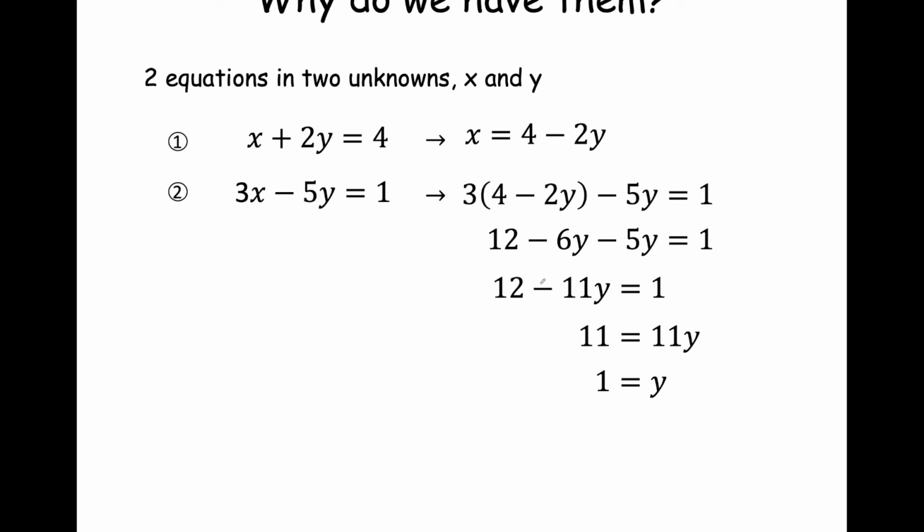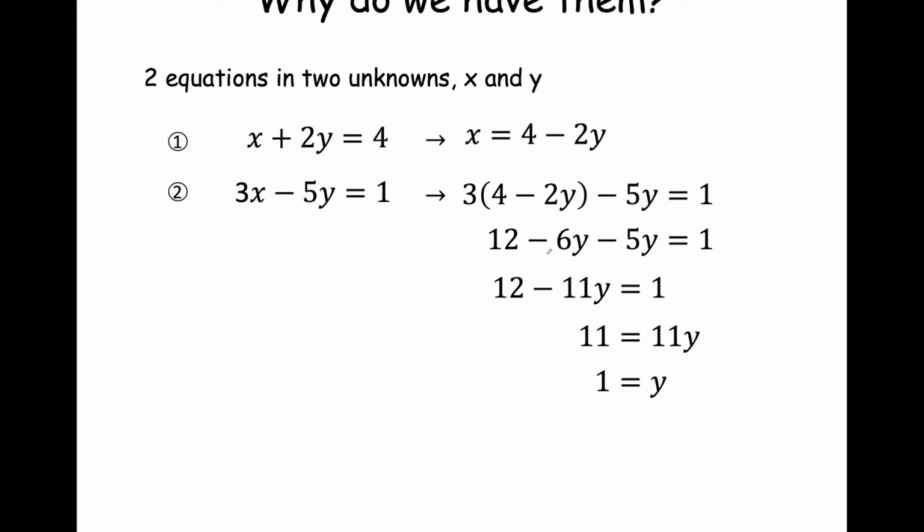And then we are going to do some subtraction. We subtract 12 from the left-hand side, and subtract 12 from the right-hand side. So we get rid of that 12 on the left-hand side, and we have 1 - 12 on the right-hand side. And so we're left with -11y = -11.